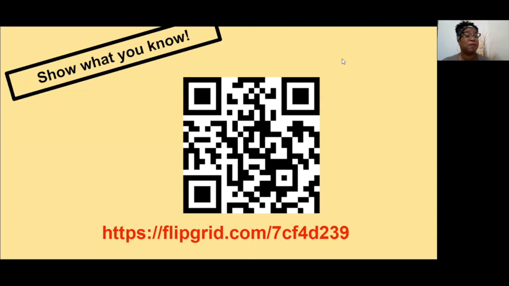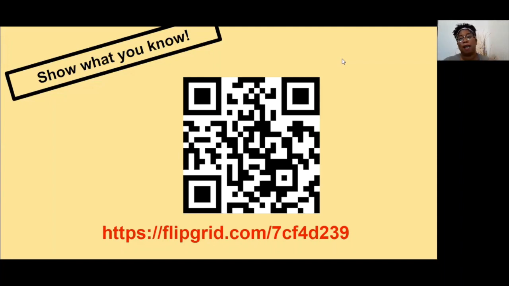Do you know something now that you didn't know at the beginning of this lesson? Do you now remember things about those plane shapes? I know it may have taken some time because we haven't worked with plane shapes in a while, or even solid shapes. So it probably took some time for it to come back around. But do you know how to compare and contrast the plane and solid shapes after this lesson?